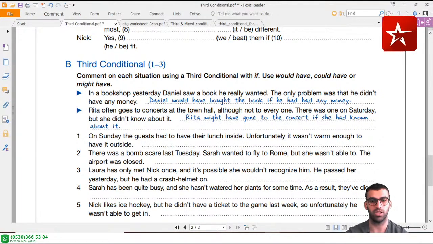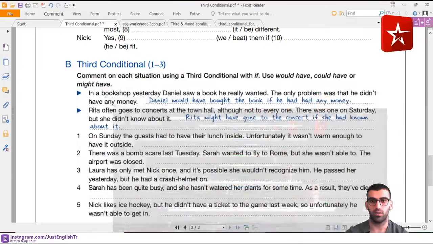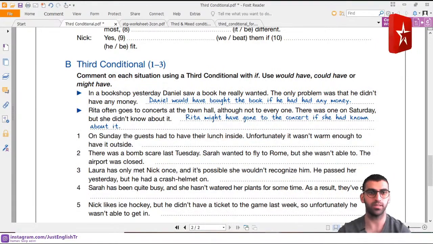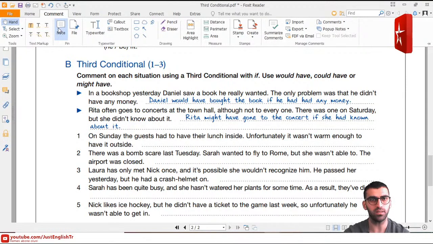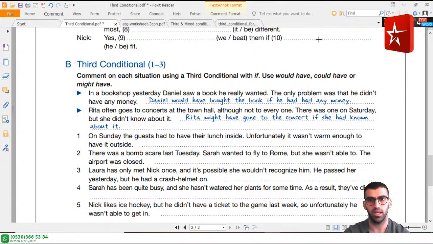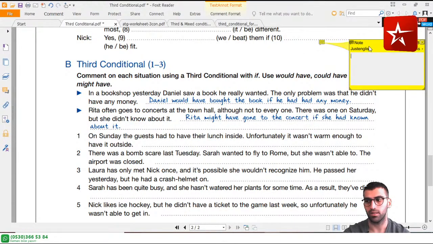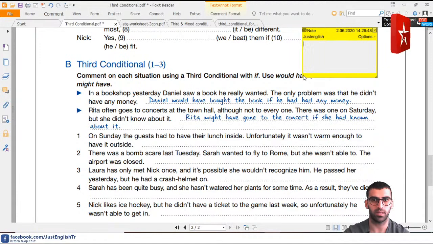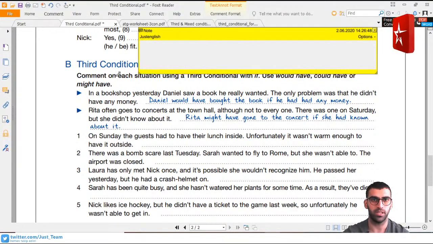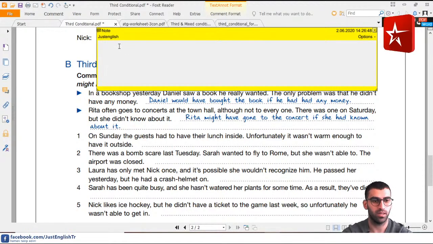Okay, third conditional type. All right, I am waiting for your answers for number one, and also I will write your correct answers here. I will write your correct answers here to show you which one is correct and how we could manage to write the sentences correctly.